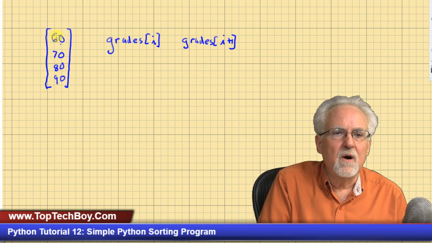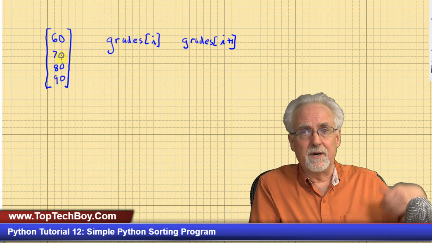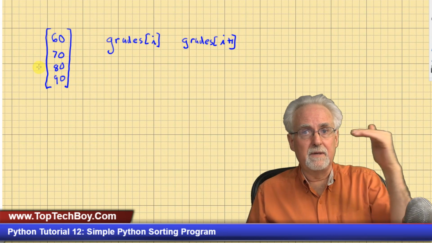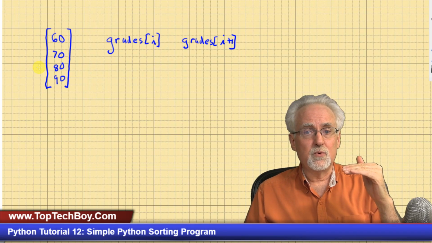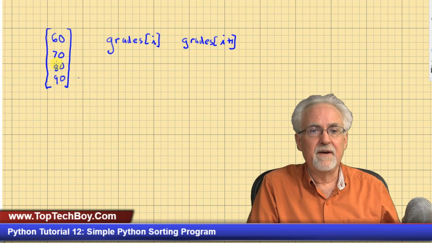So we're going to start with I at 0, and then we're going to look at grades of I, which would be grades of 0, which would be 60, and we want to compare it to the next one in the list, which would be grades of I plus 1. So the first time through the for loop, I is 0, so it's going to be looking at 60, and it's going to be then comparing it to the next one in the list, which would be grades of I plus 1, which is going to be 70.